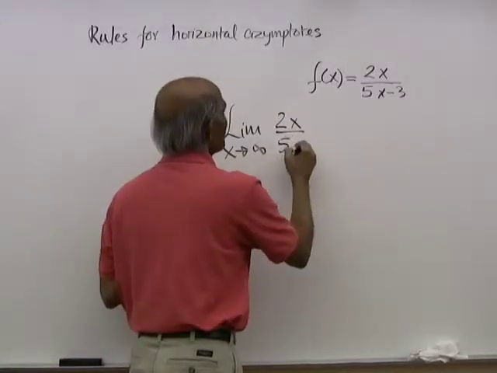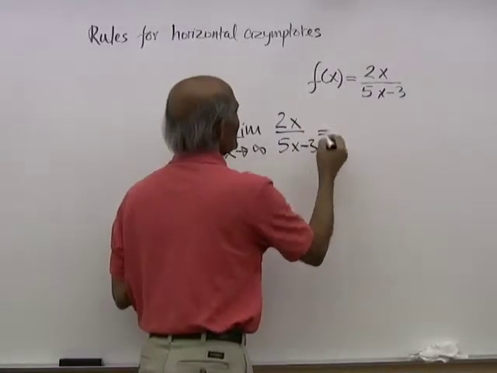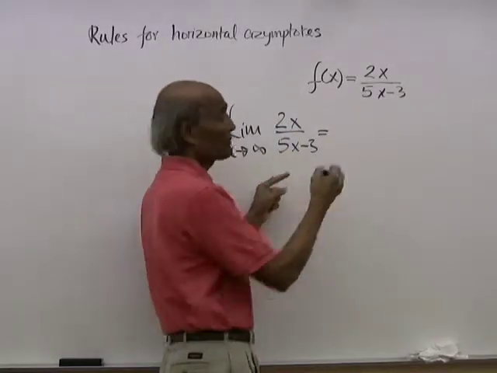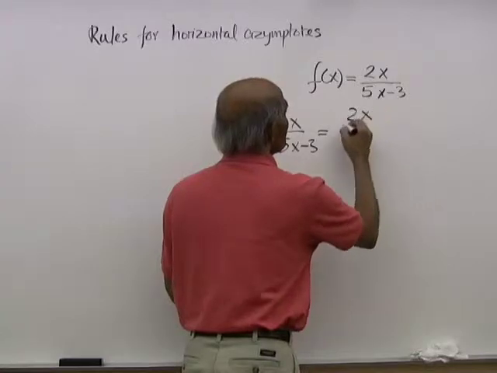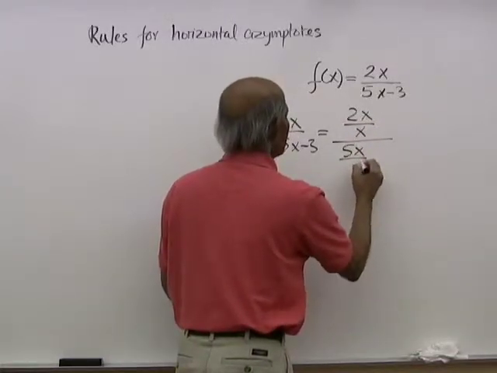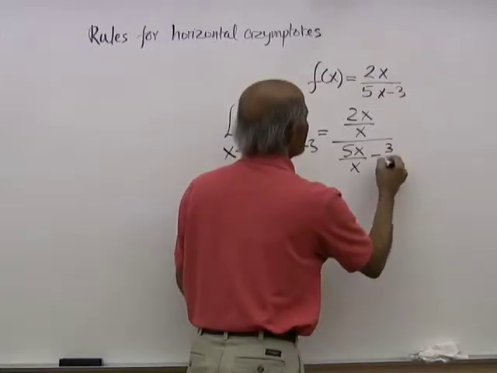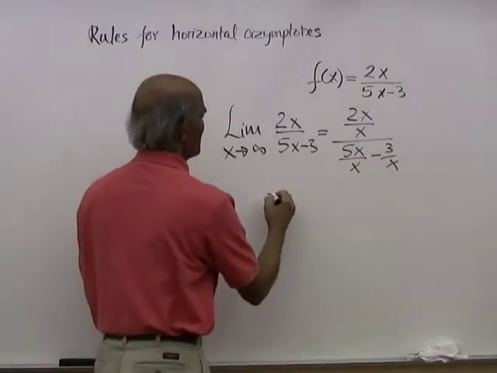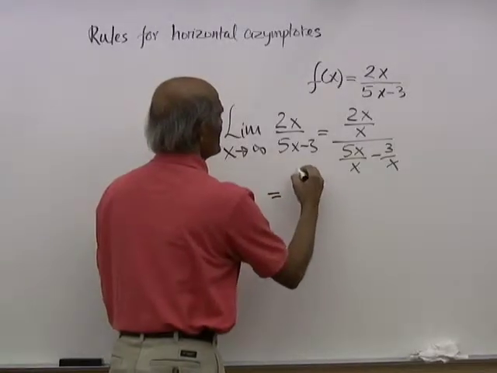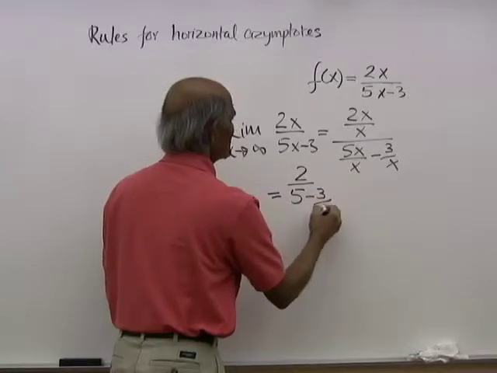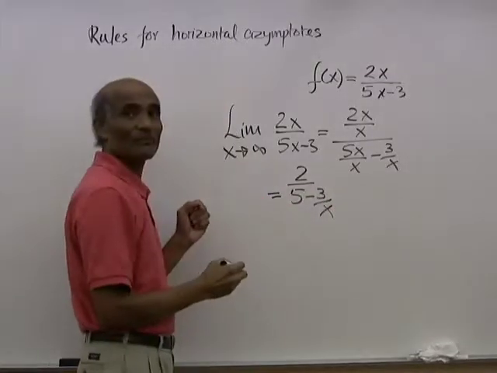Let x go to infinity and see what happens to the function. 2x over 5x minus 3 is the same as, if we divide each term by x, 2x over x over 5x over x minus 3 over x. And what does that give you? That will be 2 over 5 minus 3 over x.